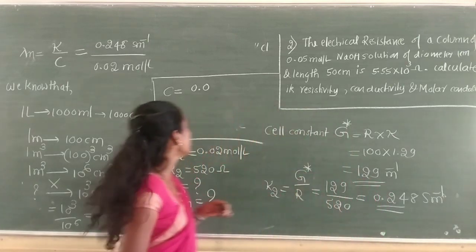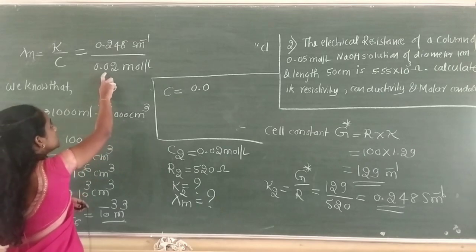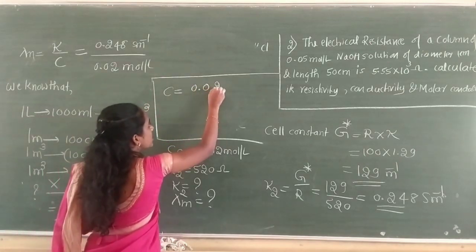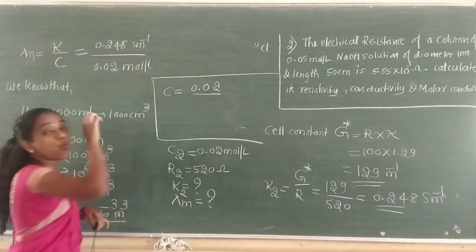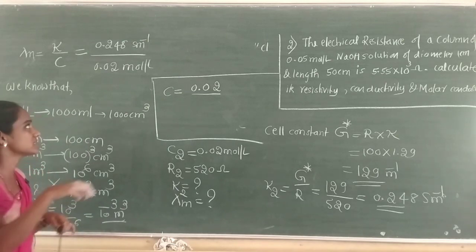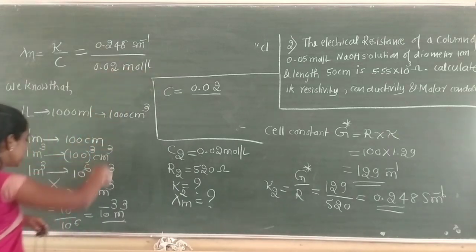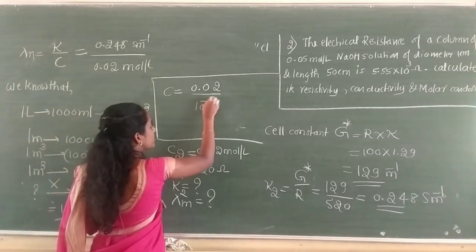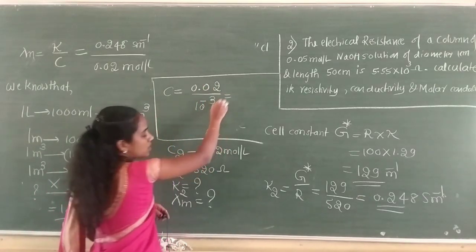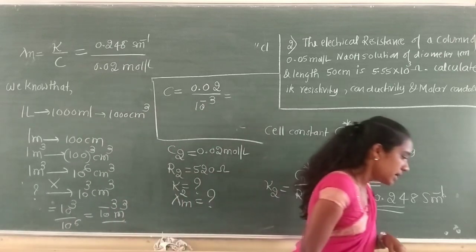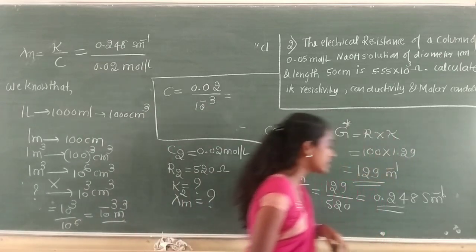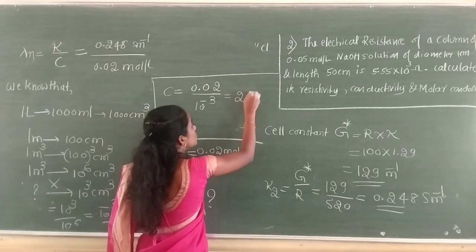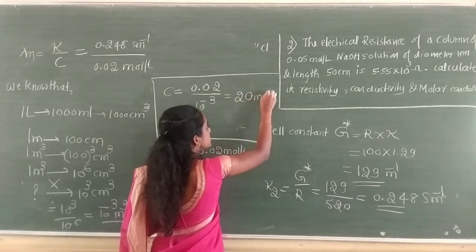In the same way, I'll write here 0.02, that is the number of moles, divided by the volume of the solution, but liters have been converted into meter cube, so it becomes divided by 10 to the power minus 3. Which is equal to 0.02 divided by 10 to the power minus 3, which is equal to 20 moles per meter cube.